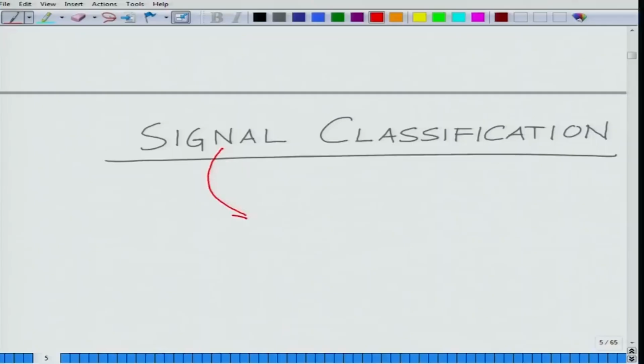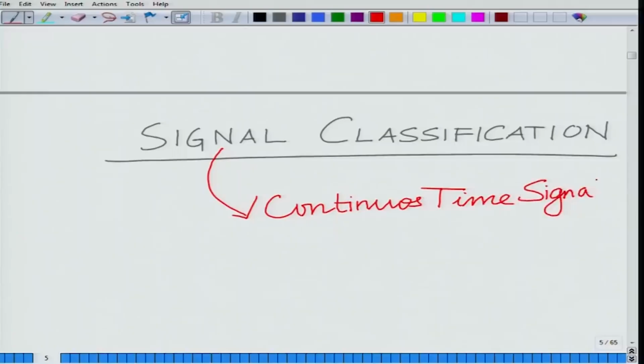Signals can be continuous time signals, such as, for instance, x(t) equals sine 2 pi t.